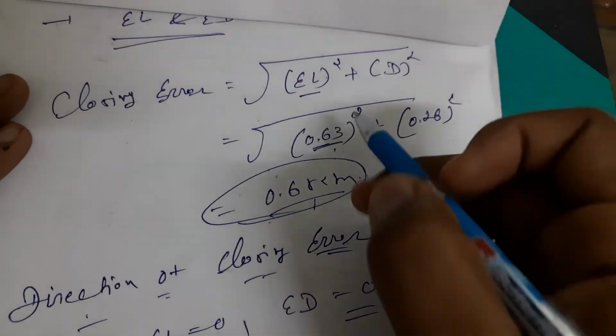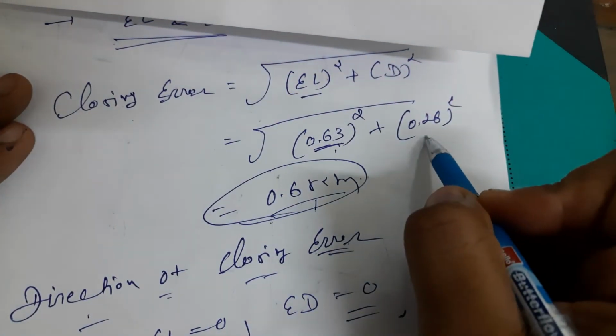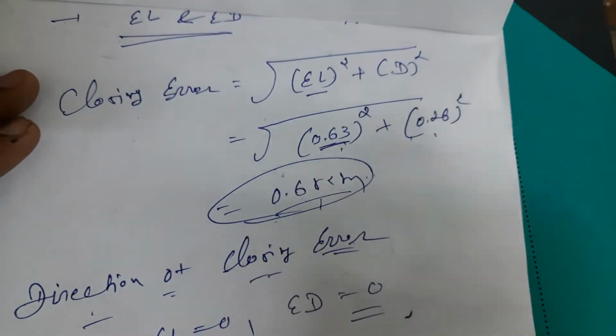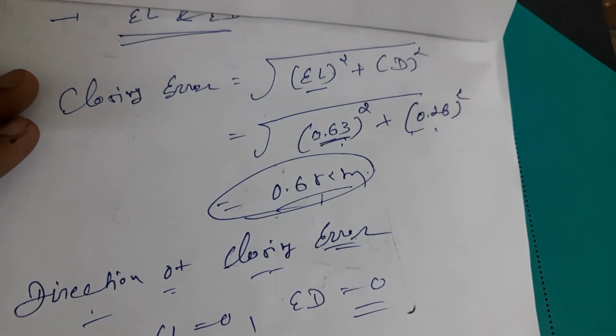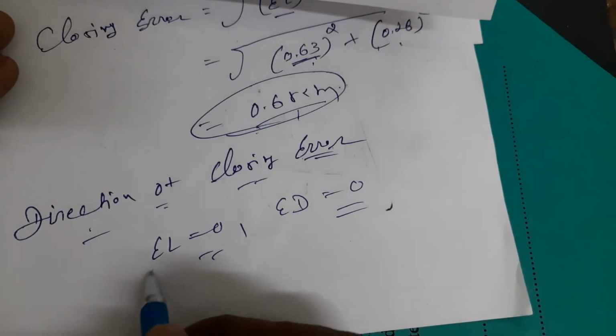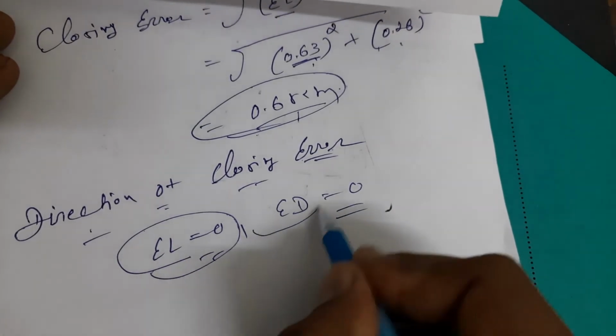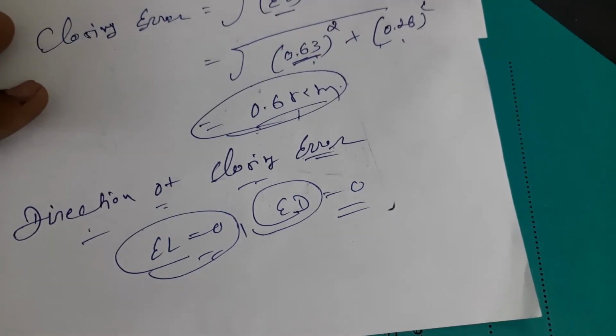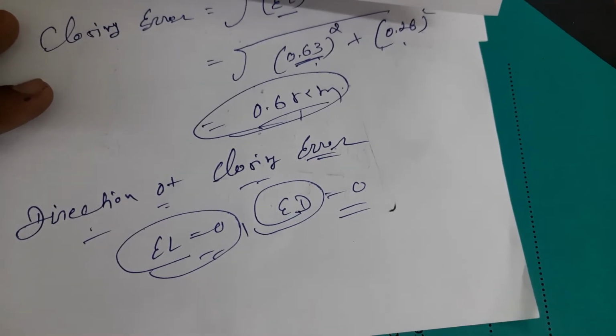Here we put some values, but if the summation of departure and the summation of latitude are 0, that means our traverse is a closed traverse, and the first point and the last point of the bearing we measured exactly coincide.